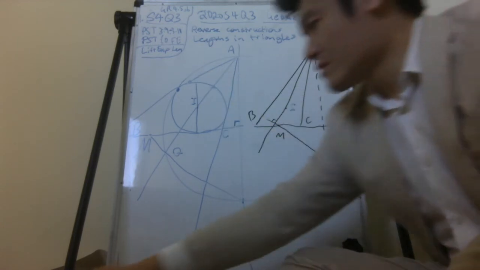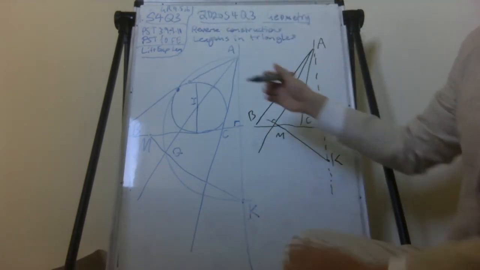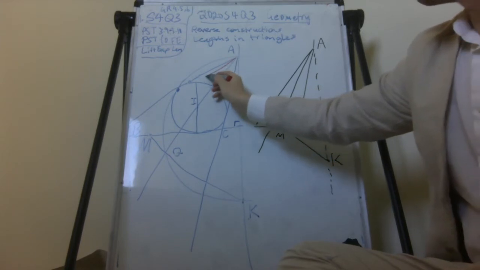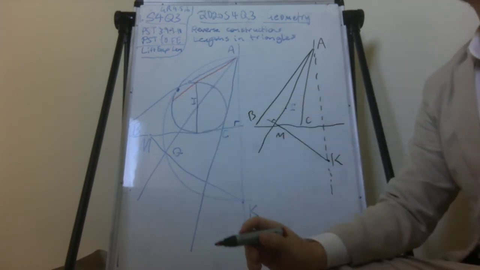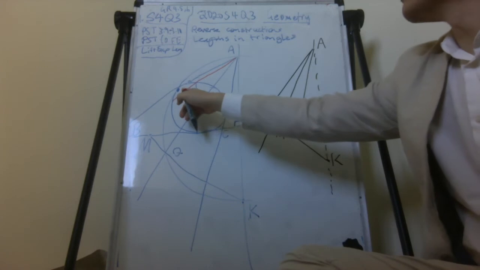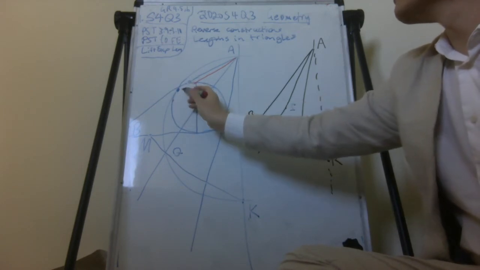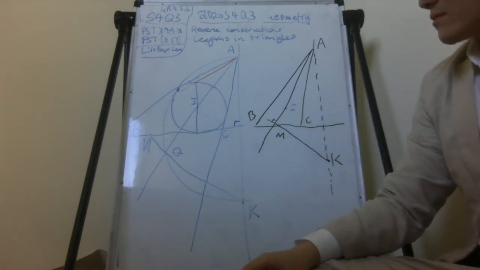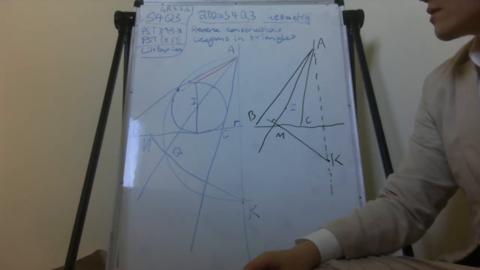So if you drew a line, right, from A through that point, yeah, to the inside, it's meant to actually hit this point. You know it actually hits that point, okay? Okay, well, we'll see, okay?